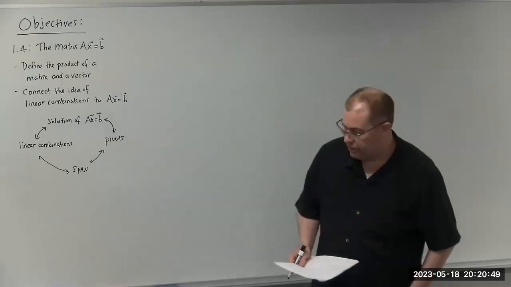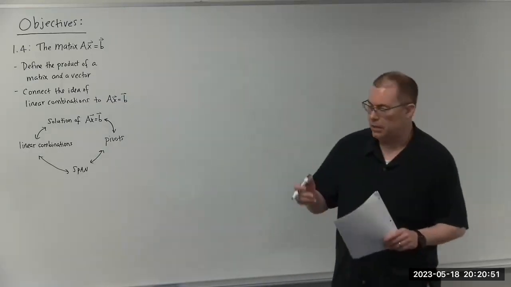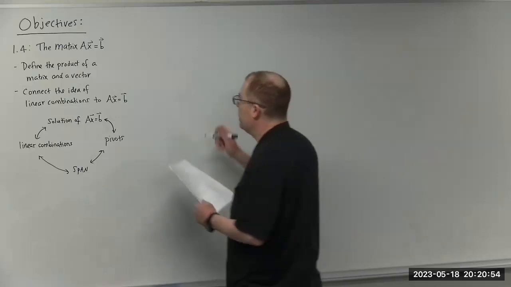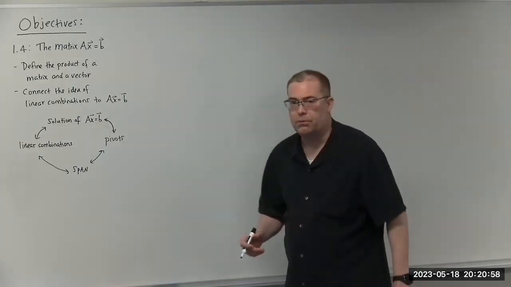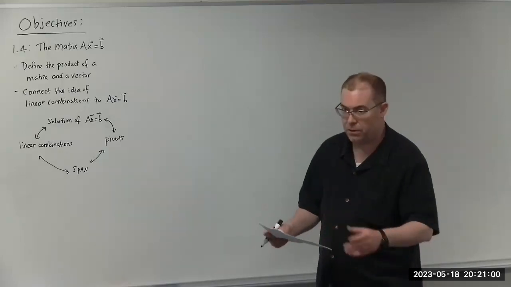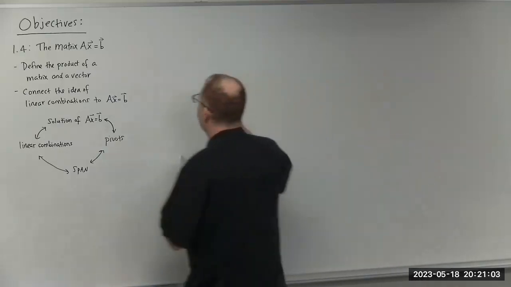Okay. So let's first define what the matrix product is. So the matrix times a vector. Okay. All right. So before we do that, we need to state some of our assumptions.